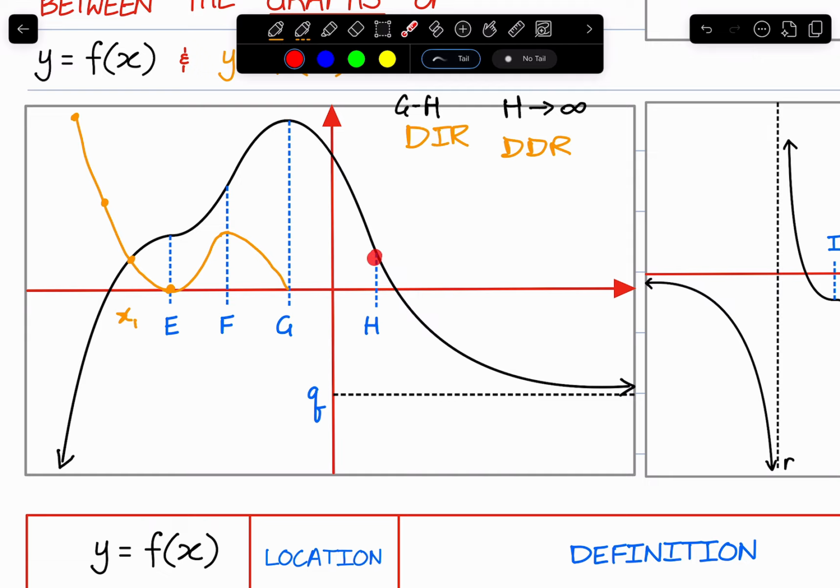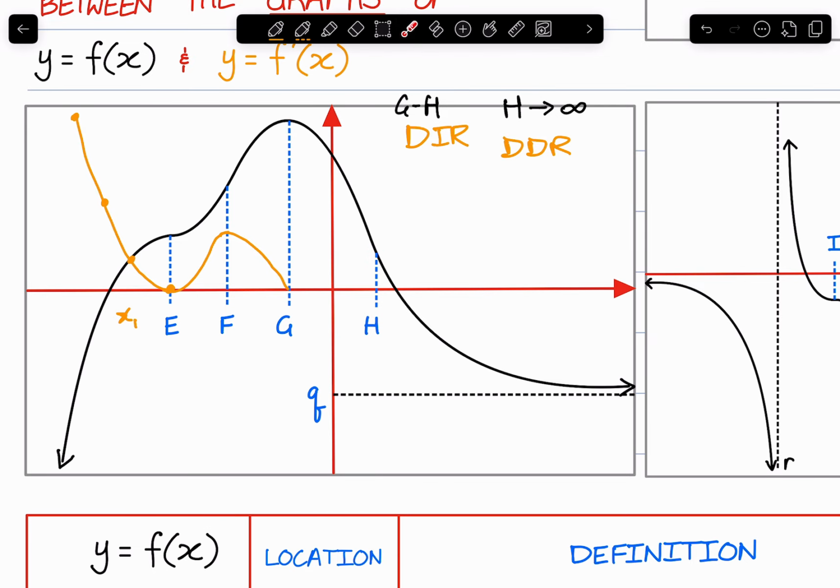So that means this point should be a turning point because it is as steep as it's going to get. So at H, this segment has negative gradients, and then from H onwards it is back to, you can see it's getting closer to zero. So something like this, H.